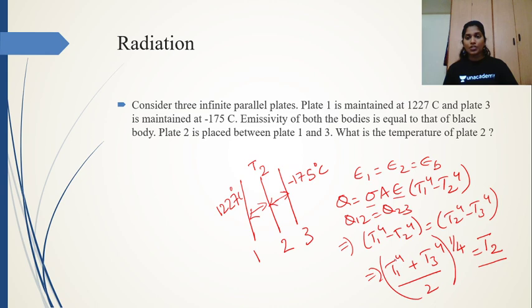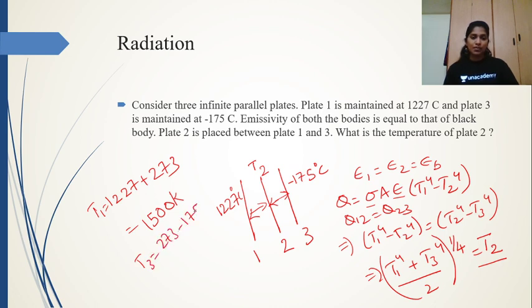So for the T1 temperature, here we have 1227 degrees centigrade, right? We have to convert this into Kelvin, means 1227 plus 273, which is nothing but 1500 Kelvin, and for the third plate it is minus 175, means 273 minus 175, which is 98 Kelvin, right?